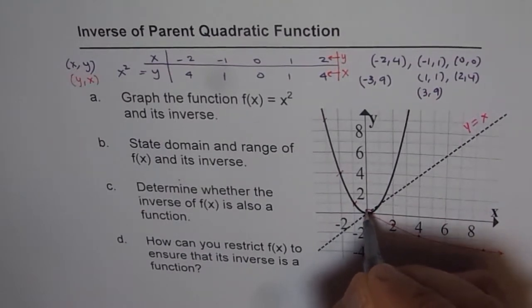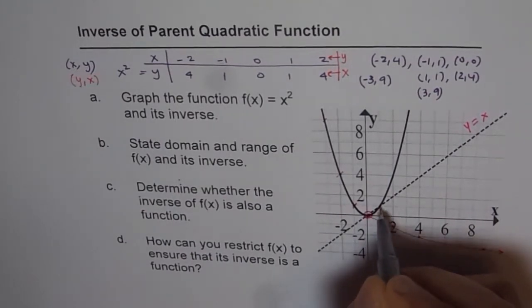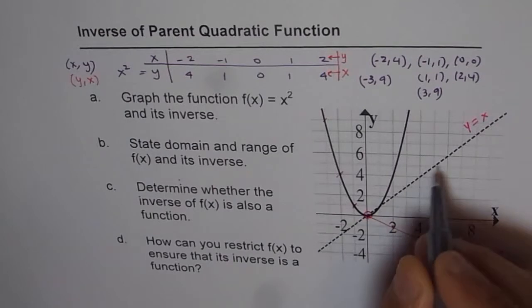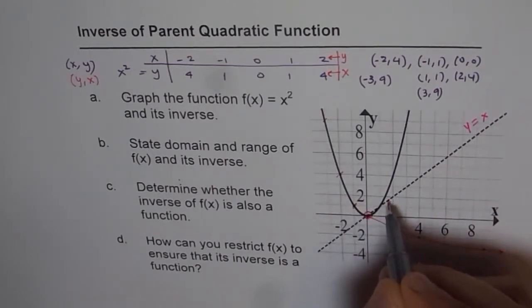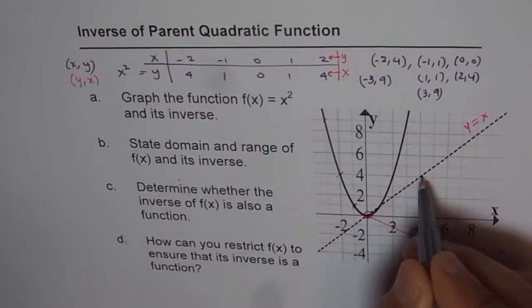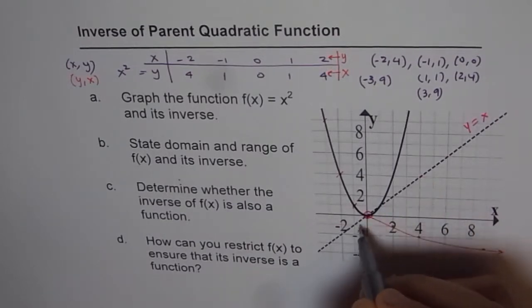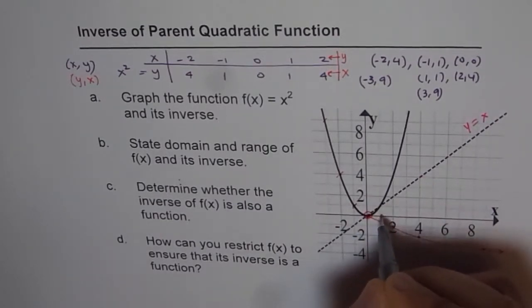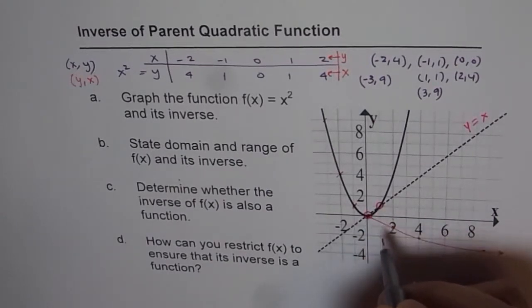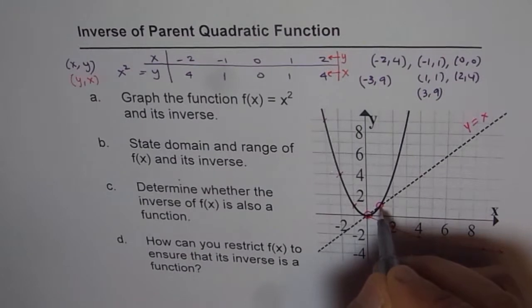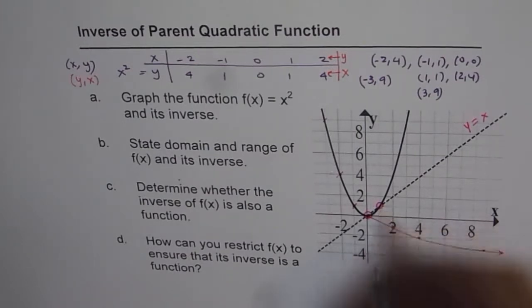This point 0, 0 remains here itself, since it is common between our graph y equals x squared and the line y equals x. Now 1, 1 is also on the same line. These points are called invariant. They will not vary. They will remain there itself.